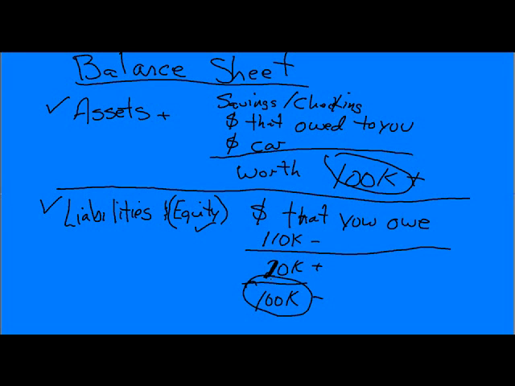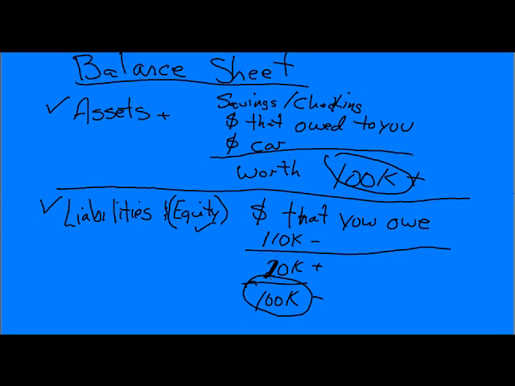Hope we didn't confuse you too bad with your balance sheet. But in summary, again, the balance sheet is vertically two components, assets and liabilities. Assets are money that you have, property that you own that has a value. Anything that you have that shows or can demonstrate to a financial institution or maybe to yourself that you in fact have a value or you have money in the bank.